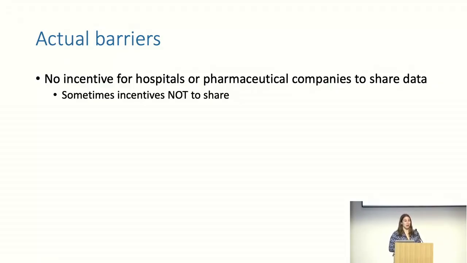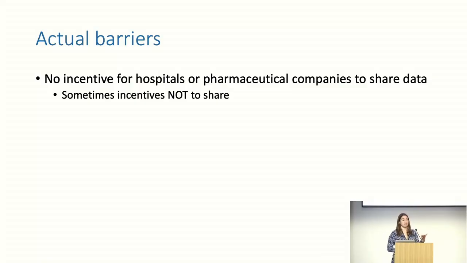So while it's convenient to say, I'm not sharing data because of privacy, actually you're not sharing data because you want to monetize it later. And there may also be cases where it's bad for them to share, for example at a pharmaceutical company, if you find something about their drug not working, they will have to pull their drug.